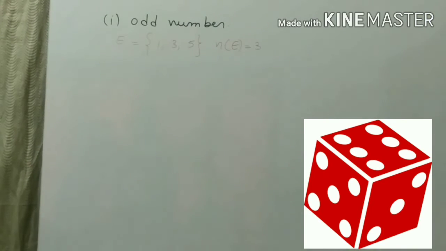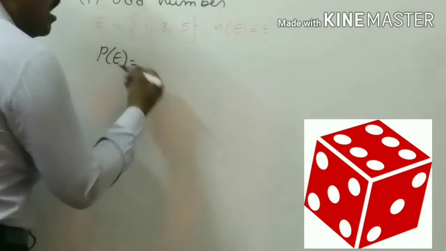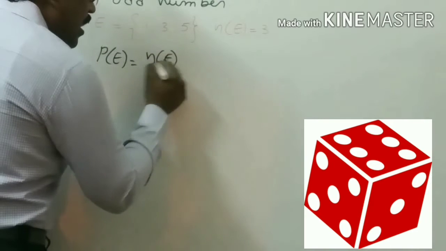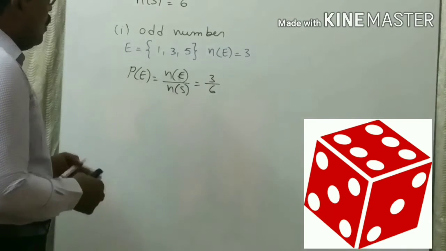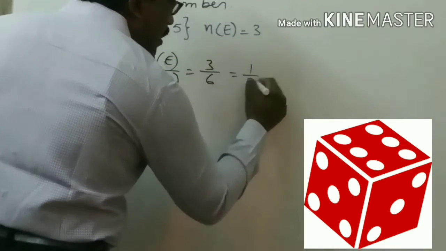Then what you should do? Probability of getting an odd number is n of E by n of S. Now probability is 3 by 6, and 3 by 6 is nothing but 1 by 2.